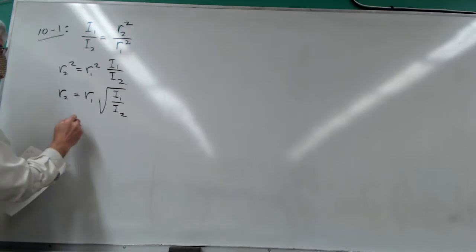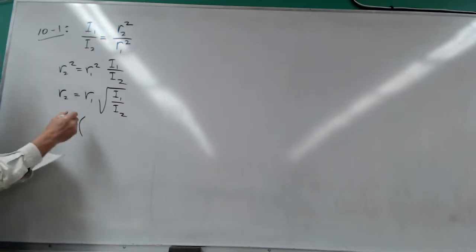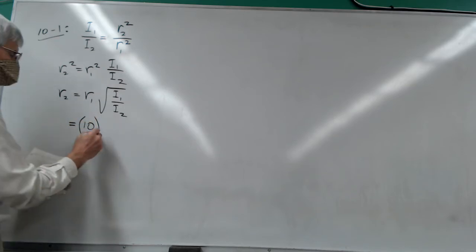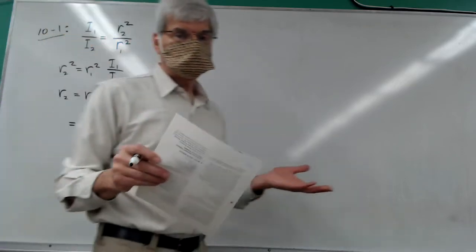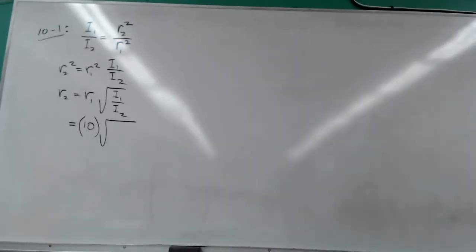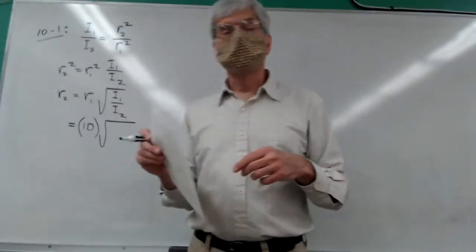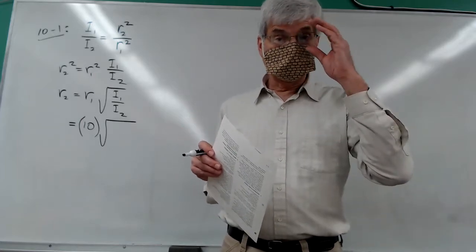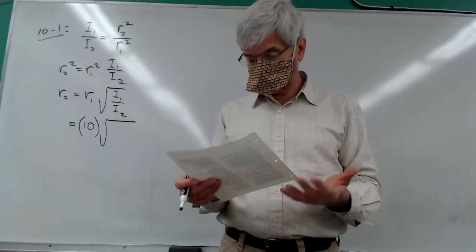Fill in the numbers. Point number 1 is 10 meters away from the source. Now, one mistake that comes up sometimes is people just simply switch the numbers. As with most kinds of problems, it's not a bad idea when you get to the answer to look at it and ask yourself if it makes sense.